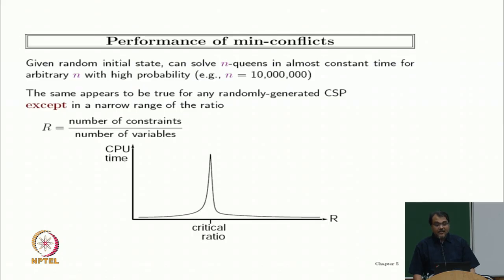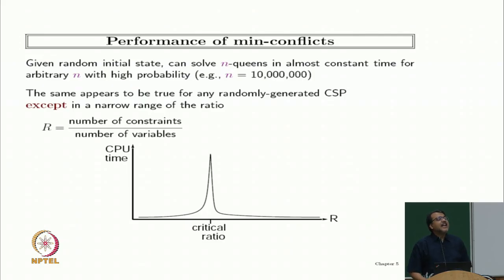We can solve it in almost constant time with very high probability. So it may not always give me a solution, but more often than not, it will solve it. And that, I have always been saying, is the power of local search. Local search does not always give you guarantees, but it often solves problems in practice.